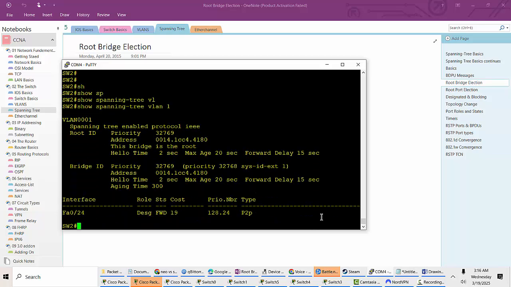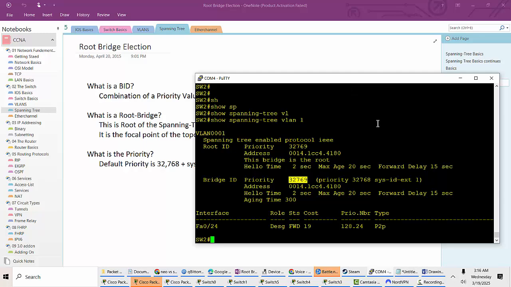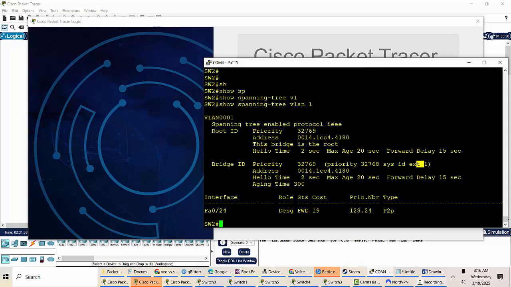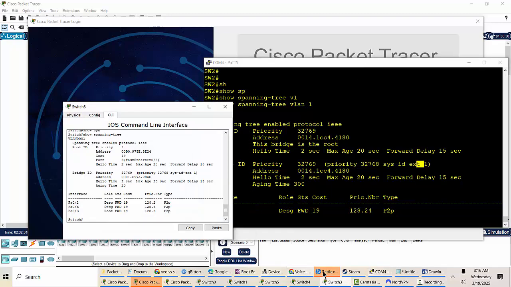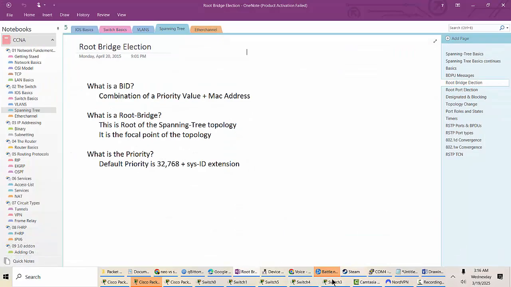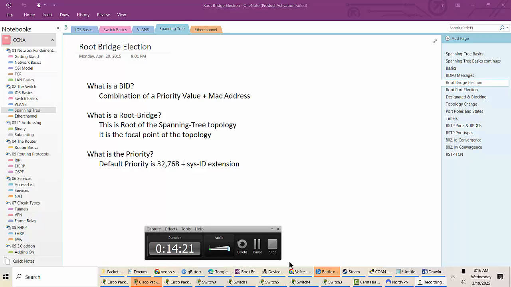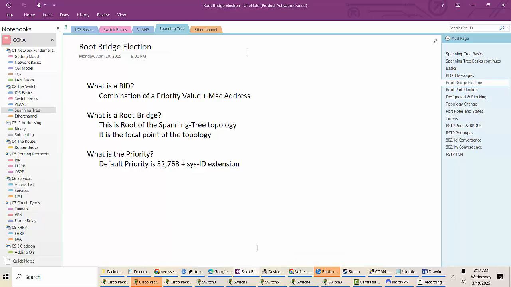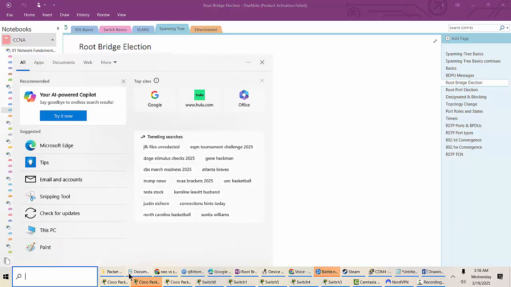This bridge is the root. 32768 is our default, plus our system ID extension, which is 1. To make this simple, 32768 is the default priority. Now if we take that, because I told you they went by 4096.